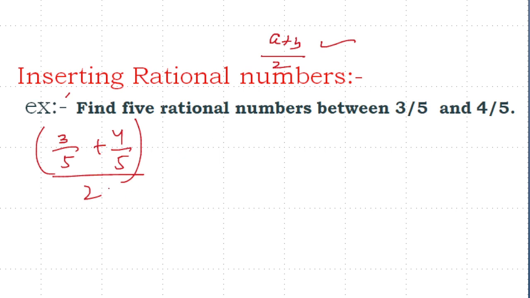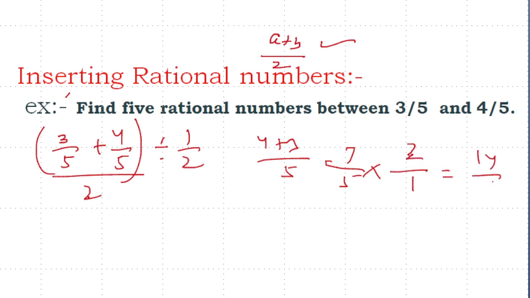You add it and divide by 2, or multiply by 1 by 2, either way you can write it, that is correct. So now do it: 4 plus 3, 7 by 5, into 2 by 1.